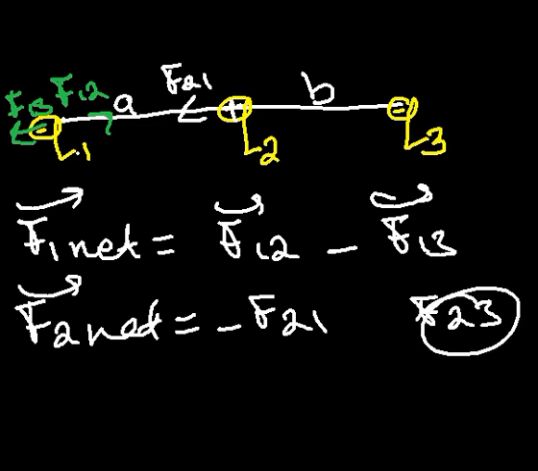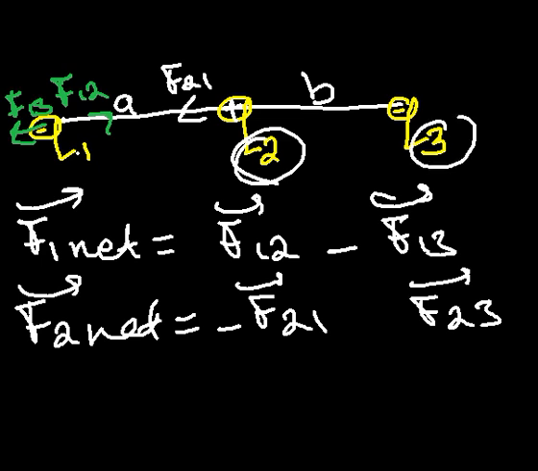How about F23? It is between charge 2 as well as charge 3. The two charges are like charges, and the force that will exist between them is the repulsive force. What will be the direction of the force charge 2 will experience due to charge 3?